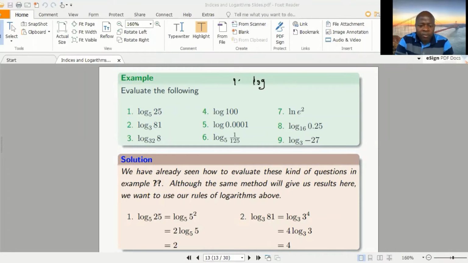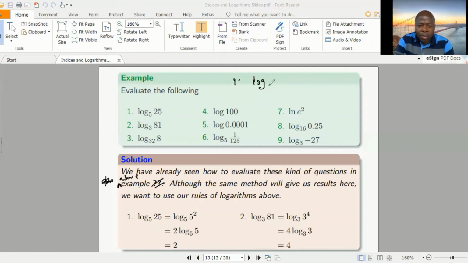Forget about the question mark here. I'm saying that we have already seen how to evaluate this kind of questions. There's an example above that shows how to do this kind of questions, but then I want to show another way of doing it.